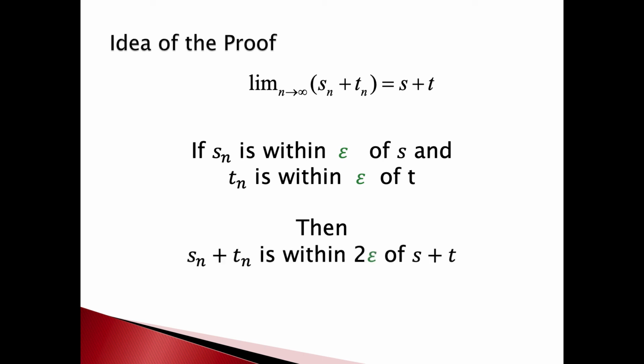Well, Sn plus Tn would have to be within two epsilons of S plus T, right? You just add those together. So that's the idea. All we have to do is get Sn really close to S, get Tn really close to T. Then when we add Sn and Tn together, that'll have to be really close to S plus T.